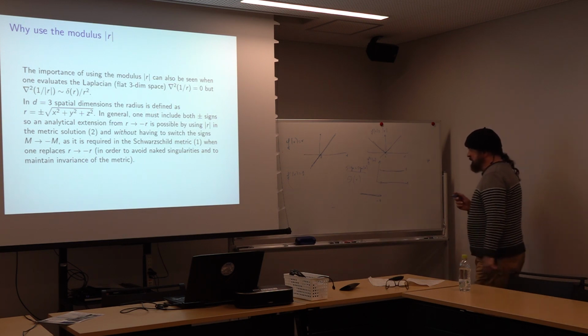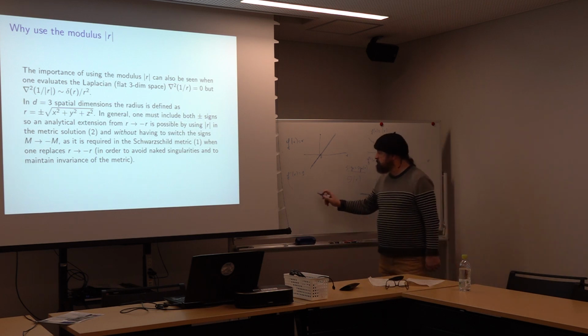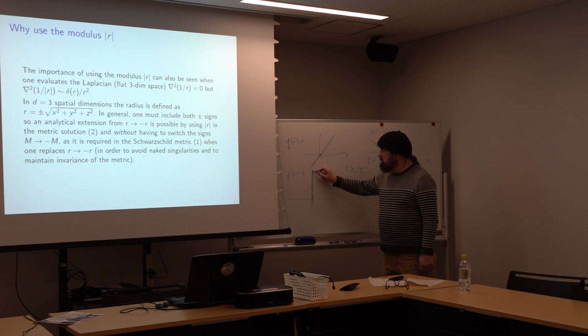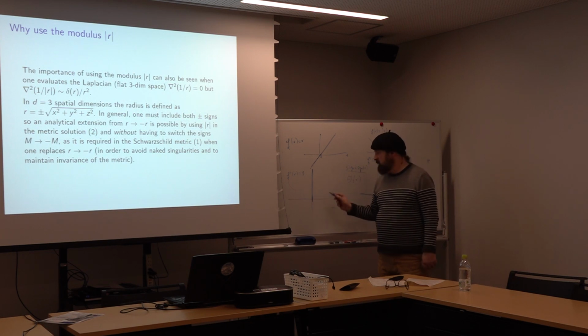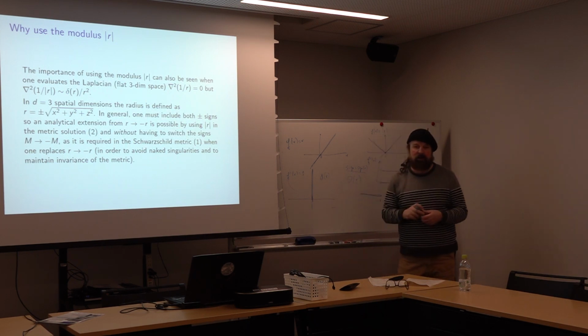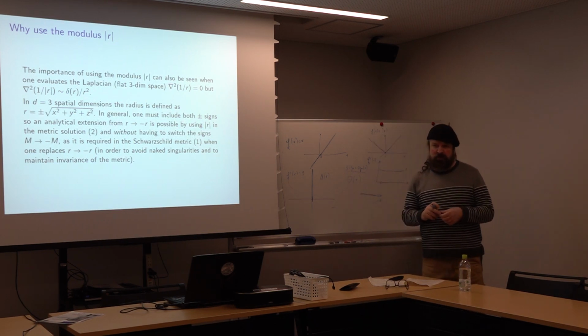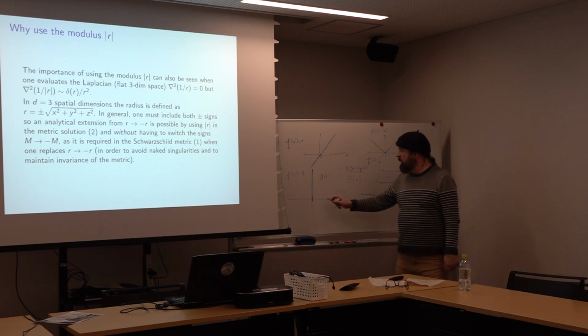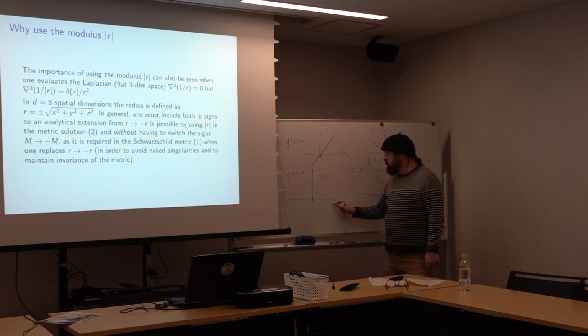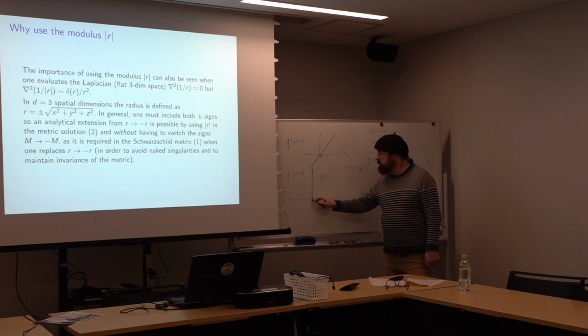Remember, the Dirac delta function is infinite at 0 and is 0 everywhere except at the origin. The Dirac delta is really not a function; it's a distribution. To be mathematically correct, it's a distribution which is 0 everywhere and infinite at the origin.